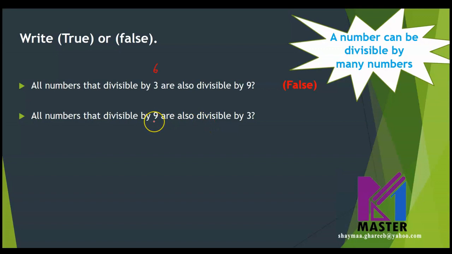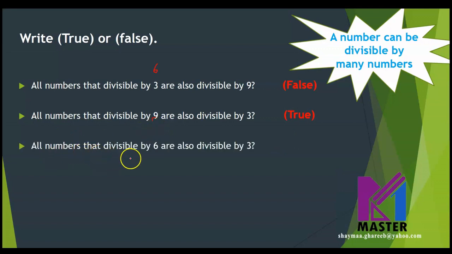Why? If you remember from the previous videos, we said because 9 itself is a multiple of 3. So any multiple of 9 is also a multiple of 3. So any number divisible by 9 is also divisible by 3. So this statement is correct, is true. Okay?